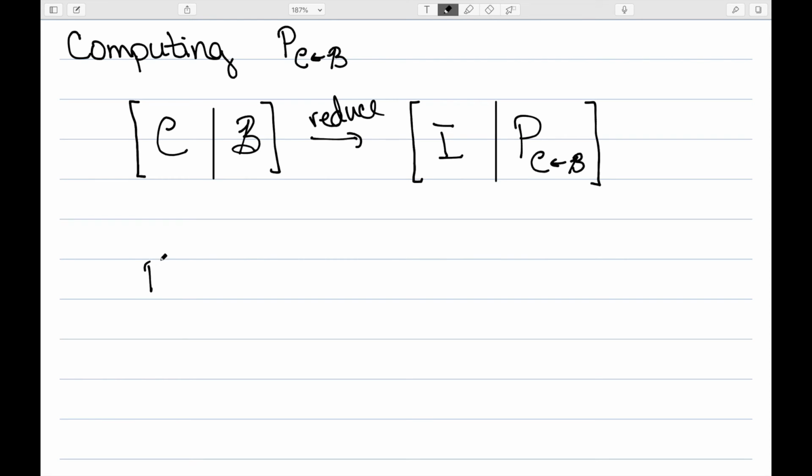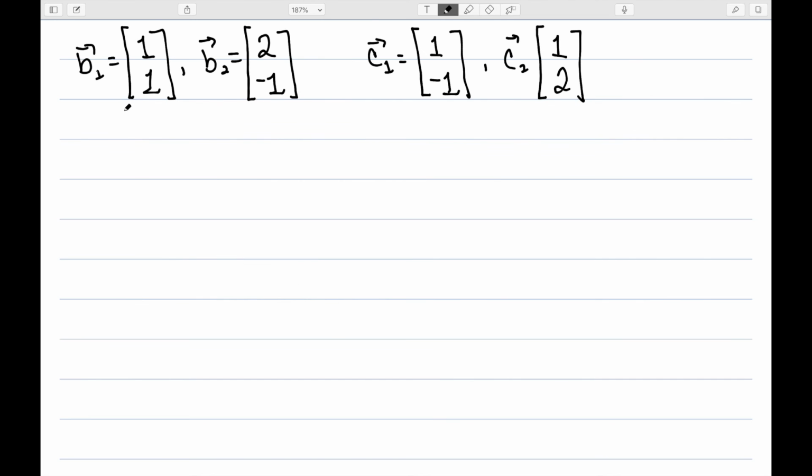To go the other way, if I take the inverse of this matrix that goes from B to C, I get the matrix that goes from C to B. So if I want to switch the order, it's the same as taking the inverse. So let's look at an example. Here I have two bases, B and C, and I want to find both of my change of coordinate matrices.